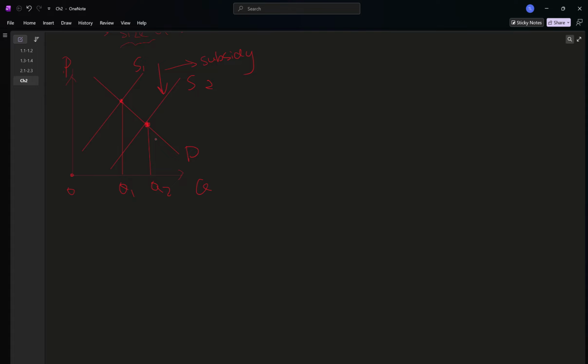Q1 to Q2 is the change in quantity, and originally the total revenue should be here, P1 Q1.